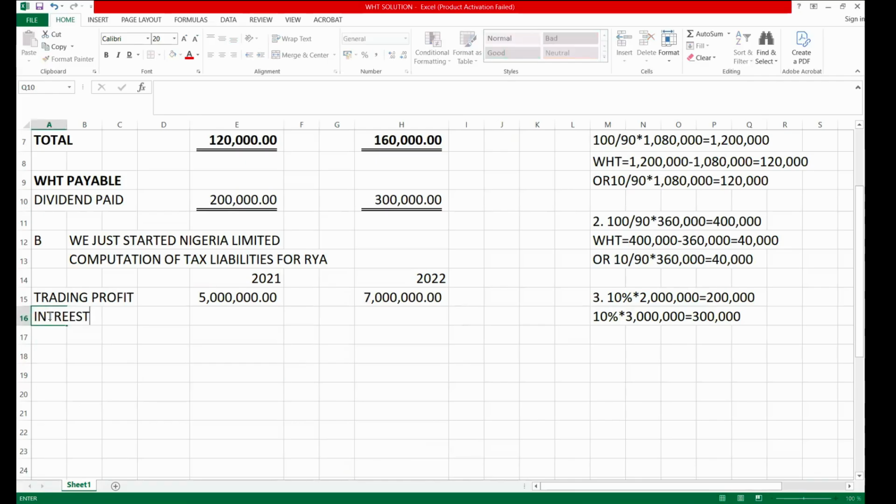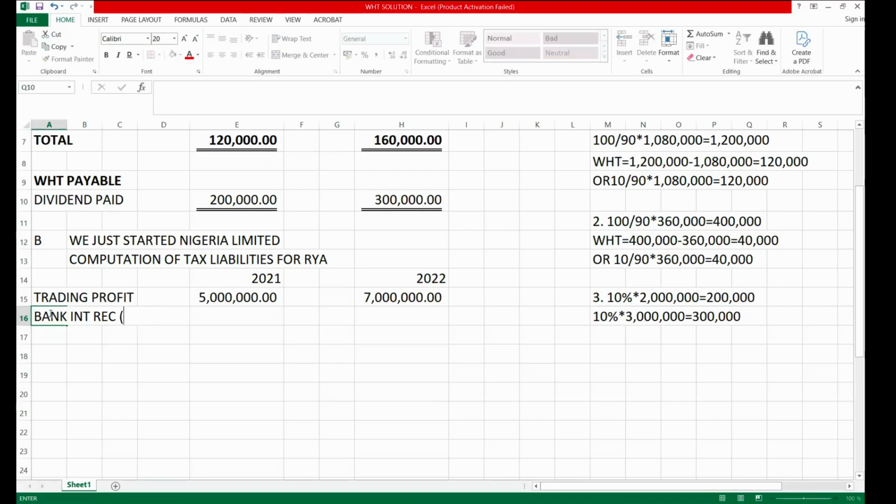Bank interest received. When you are stating this bank interest received, you state the gross amount. In bracket, you put gross.